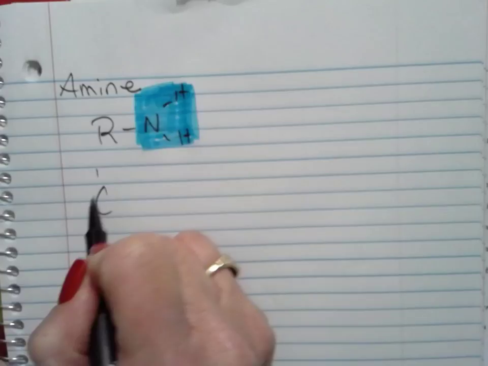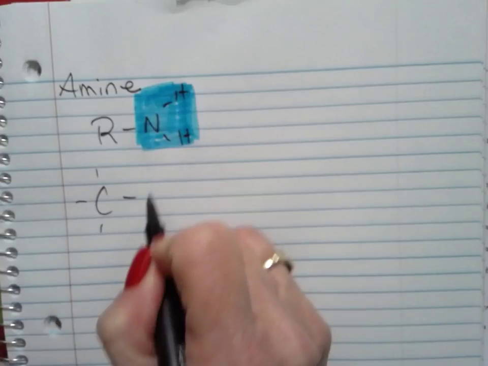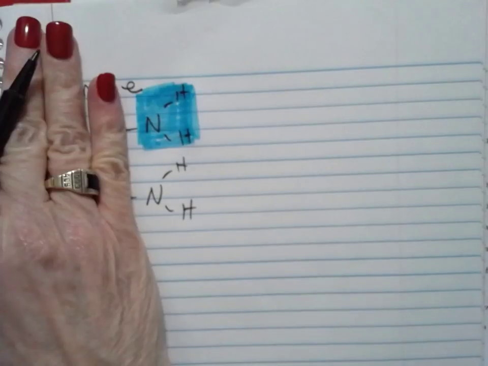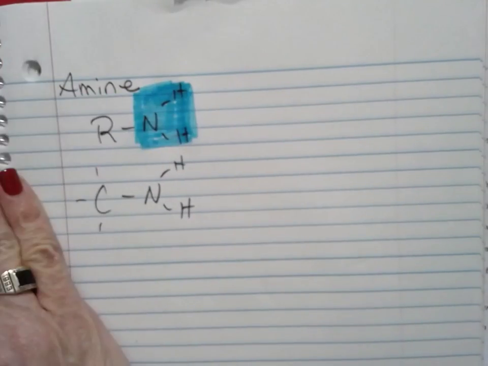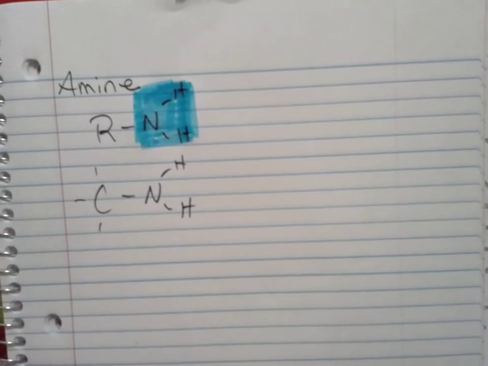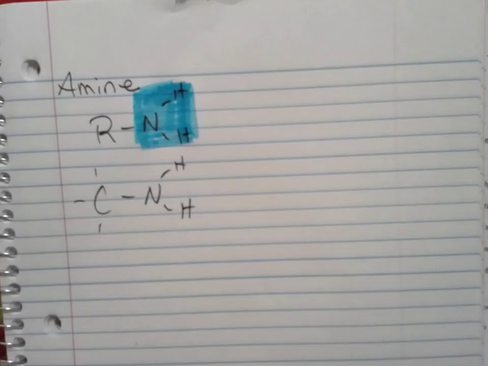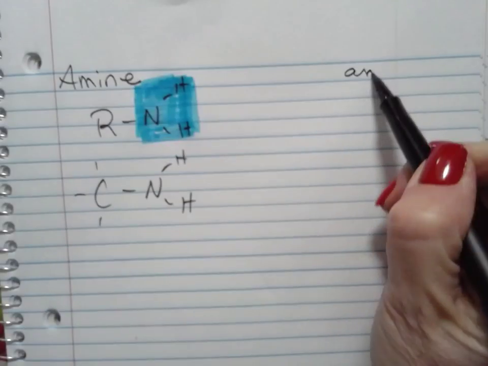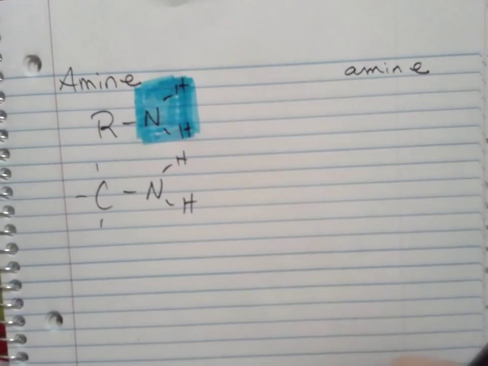Now your book draws it like this. So I've just put an R there instead of having to draw that carbon with the 3 lines. An amine is going to end with amine at the end of it.